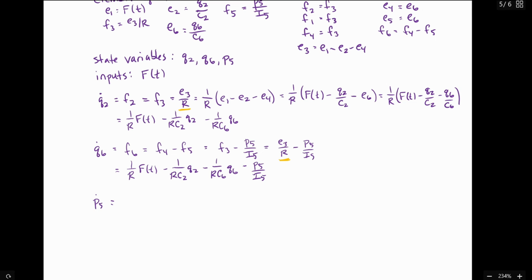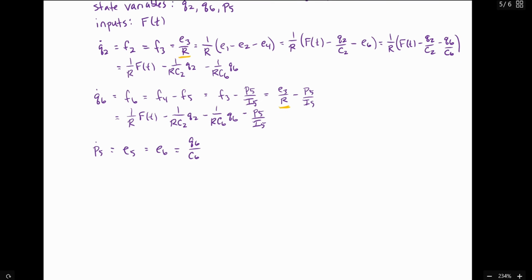Our final state equation for P5 dot, this is equal to E5 by definition of the basic state equation. E5 is equal to E6 thanks to the zero junction, and that's equal to Q6 divided by C6 from our capacitance.